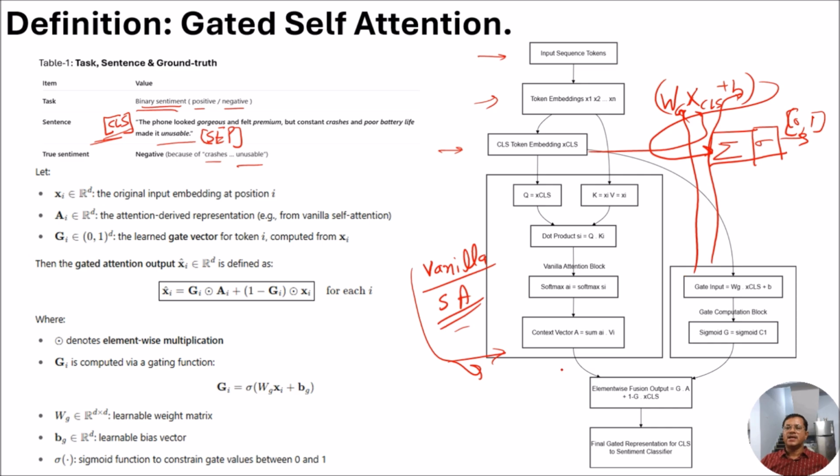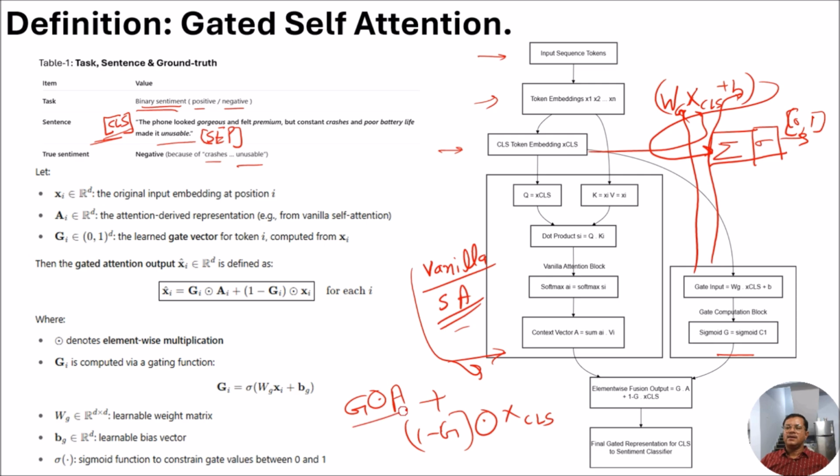We decide that with the help of the gating mechanism. We take G with element-wise multiplication. Suppose the vanilla self-attention score, or context vector score, of XCLS is A. Then we make it G times A, plus (1 minus G) times XCLS.